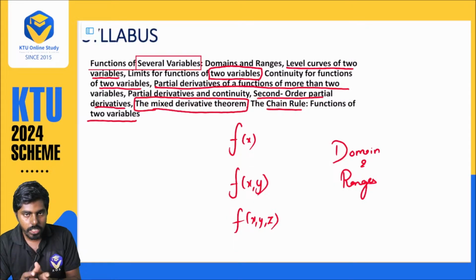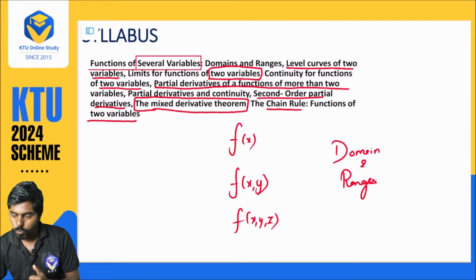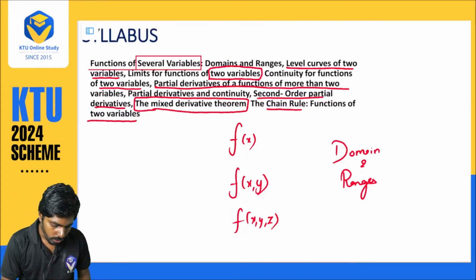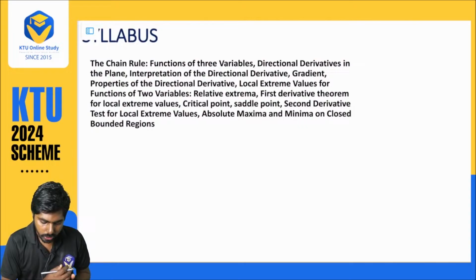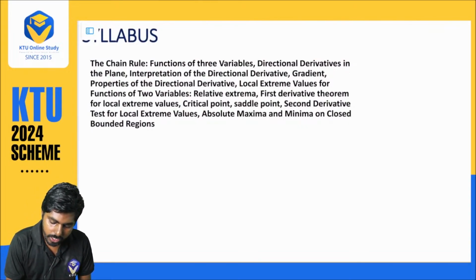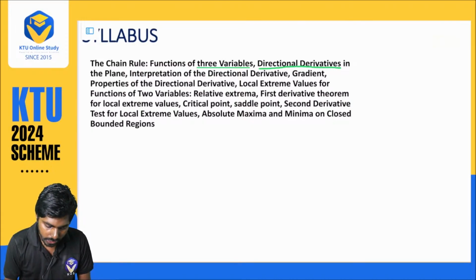The extra thing is the partial derivative, which is nothing but differentiation with respect to x and z, depending upon the independent variables. Okay, now we will go to module 3. In module 3 also, everything is connected with the chain rule, but they are asking about three variables. Then you just need to know the formula, the directional derivatives formula.